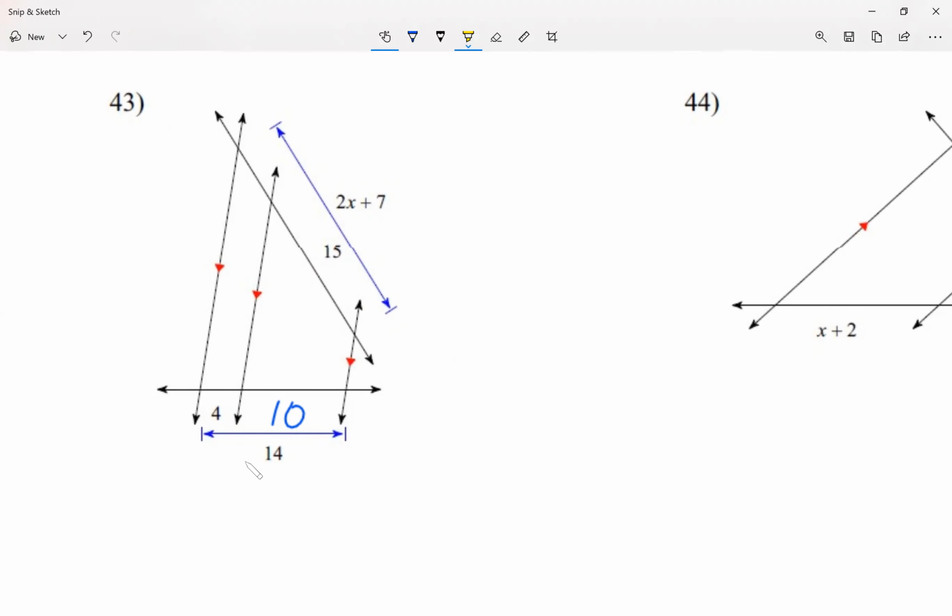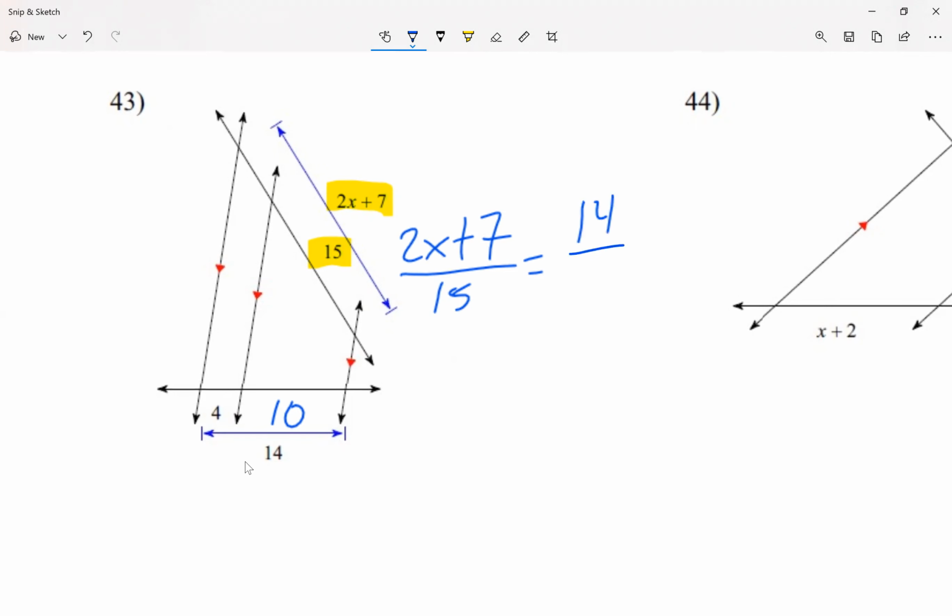On the side that has x, I see these two values. So I'm going to create a fraction. 2x plus 7 over 15 is equal to, now 2x plus 7 is the whole thing, right? So it's going to go with 14. 15 is going to go with 10, right?